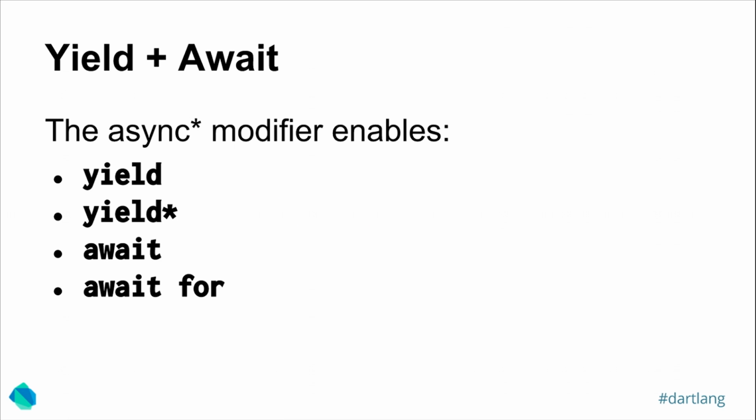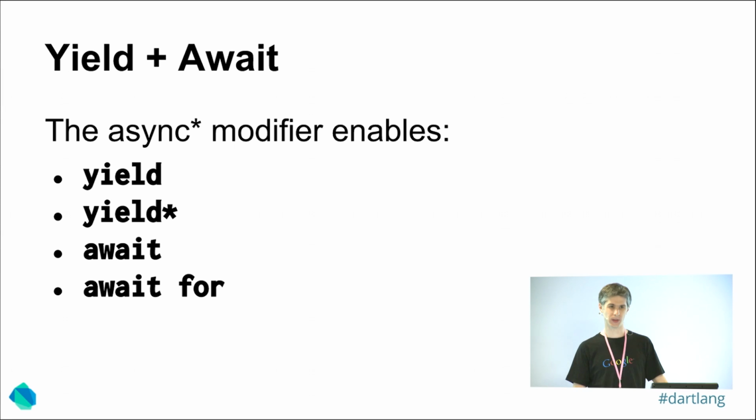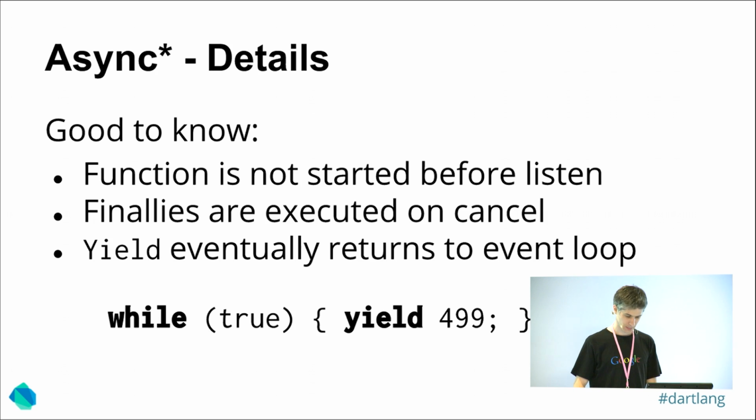Since we are in an asynchronous setting, we have the await and the await for, so that works nicely. And since we are a stream, since we return multiple values, we now have yield and yield star. So this is really the combination of all the modifiers together. So again, a few things good to know. It's not going to be as much detail as the future one.